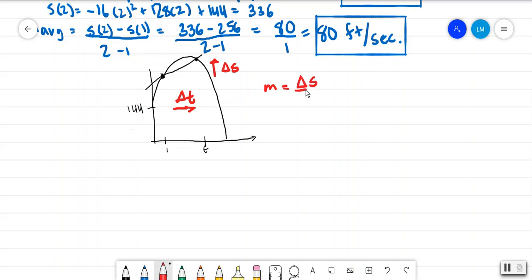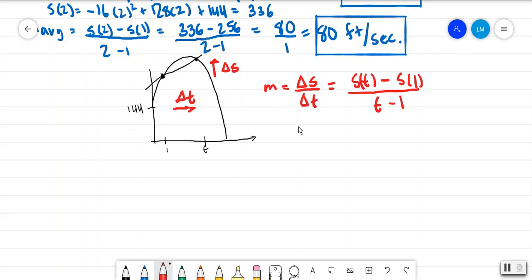So what that means is that the slope is equal to the change in s over the change in t, which is just going to give you s of t minus s of 1 divided by t minus 1. This is the secant, because you're just joining these 2 points.